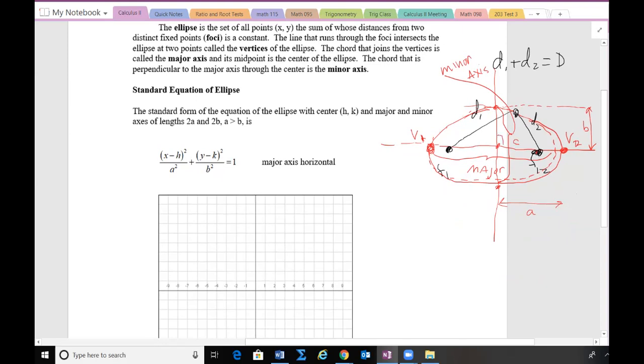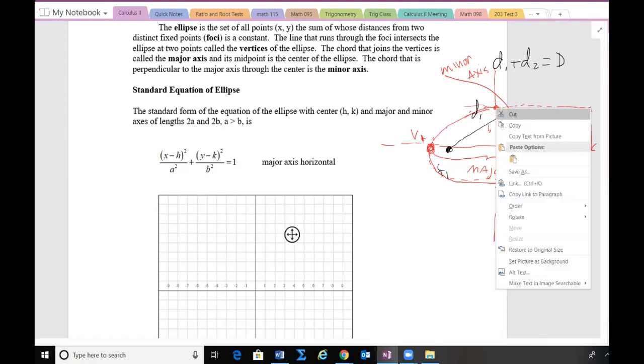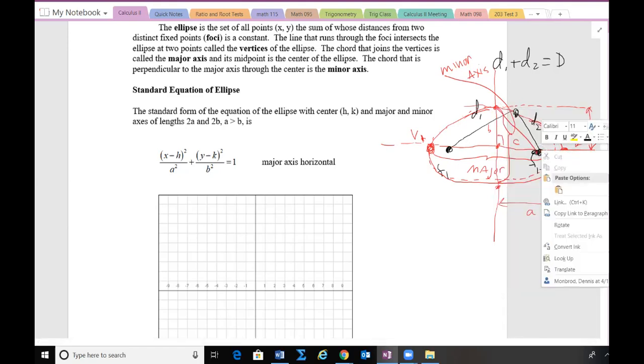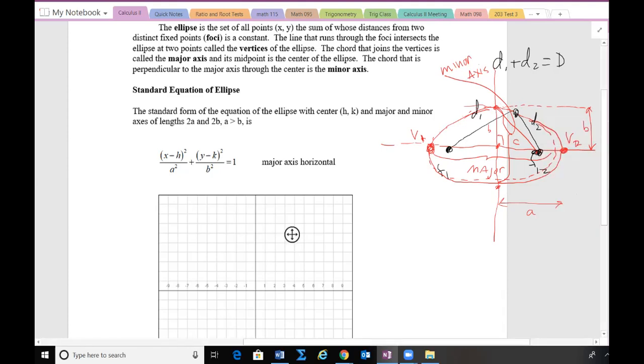It's not obvious until you move that point around, and then you'll notice a few things occur because of the Pythagorean theorem, and because of the nature of the way this was defined. You're going to see a relationship between this B, this C, and the distance from that point up on top down to the focus here, the diagonal. It turns out that that length actually is going to be A.